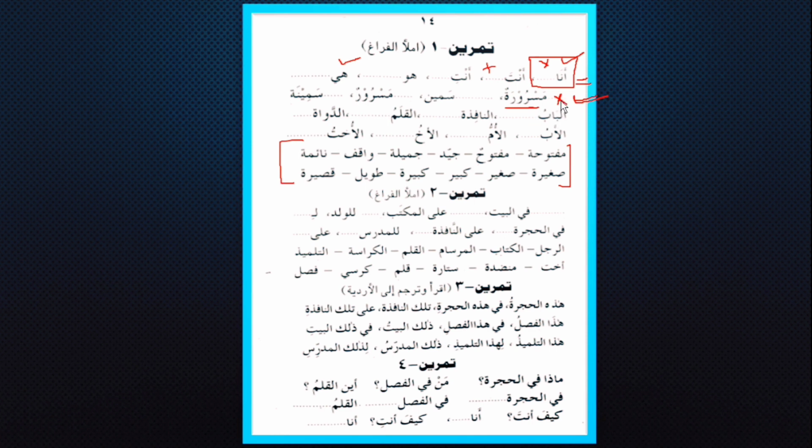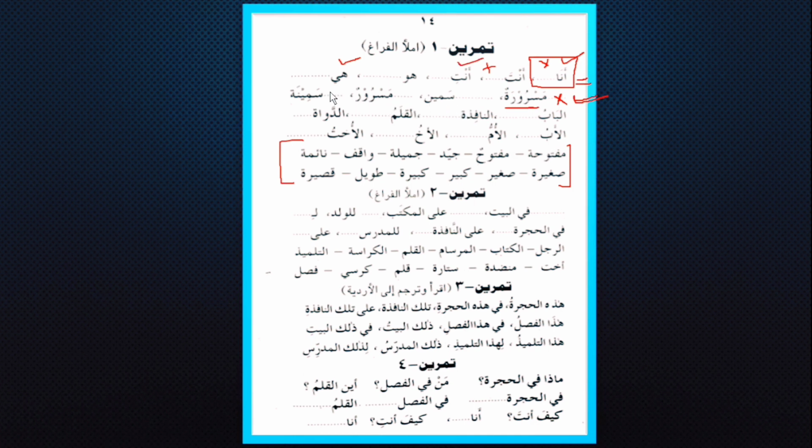So the first word should be feminine. But if we are using here ana, as we already learned that ana is used for both masculine as well as feminine. But if we are using some other word, should be feminine. So here we can say, for example, Fatimatu masruratun, or al ummu masruratun, or al bintu masruratun.